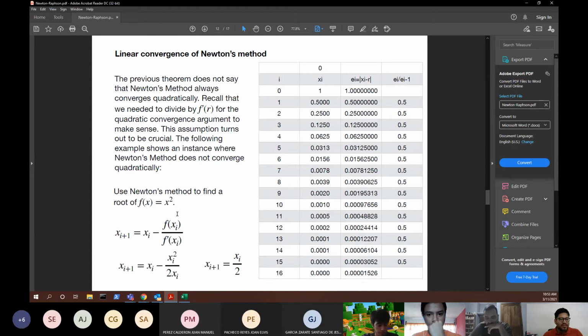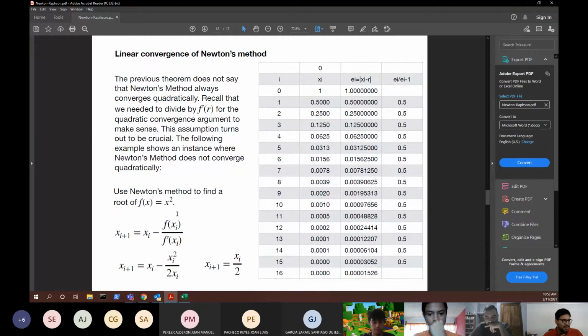So remember that the method is quadratically convergent. However, I didn't say that it's always quadratically convergent. So this is tricky, right?